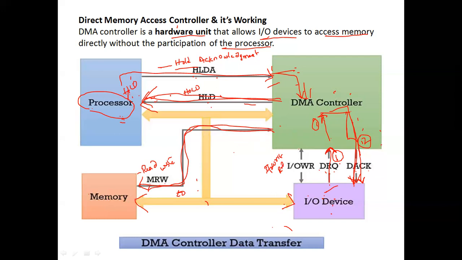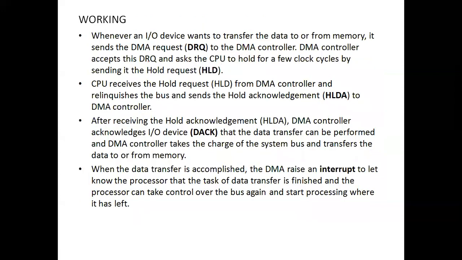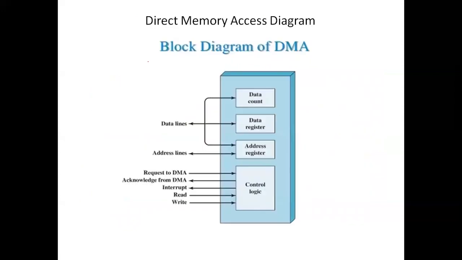After the task has been completed, the DMA controller sends an interrupt signal to the CPU. After receiving the interrupt signal, the CPU takes charge over the buses and proceeds with its further action. So this is how the DMA controller works, and this is the working that I have described.